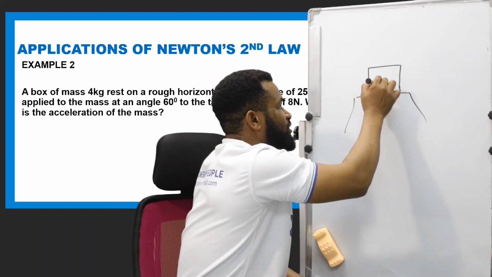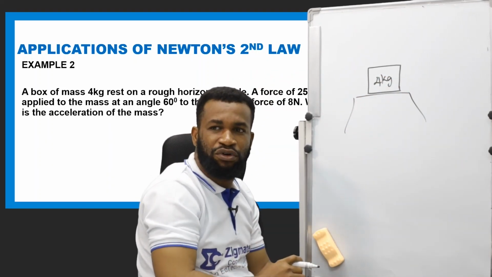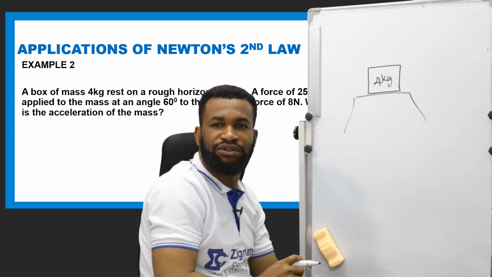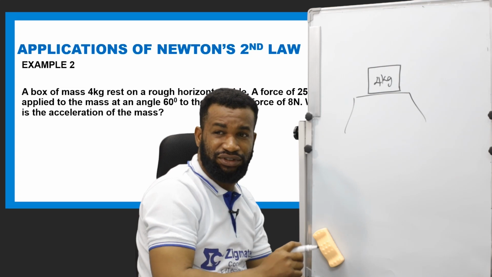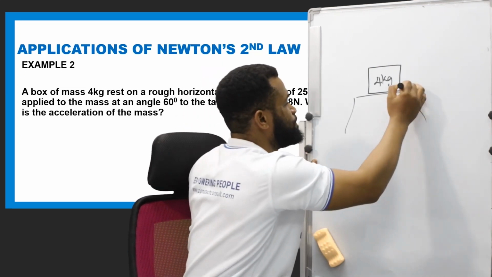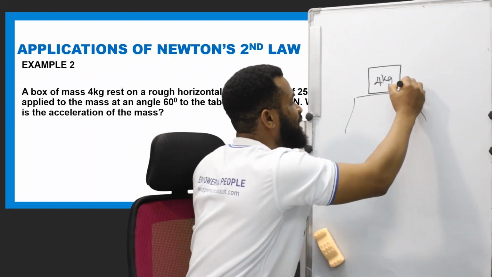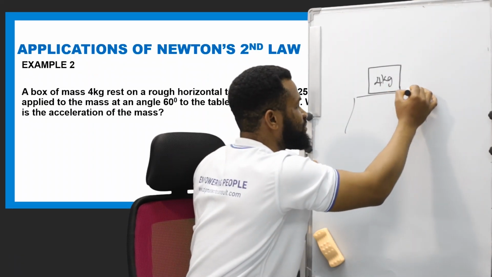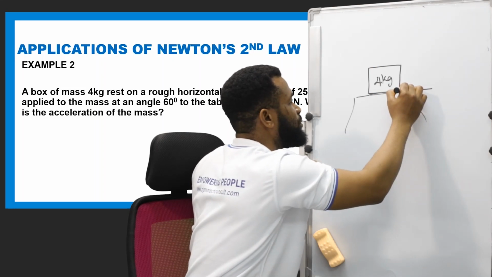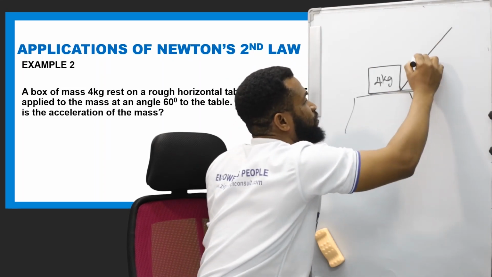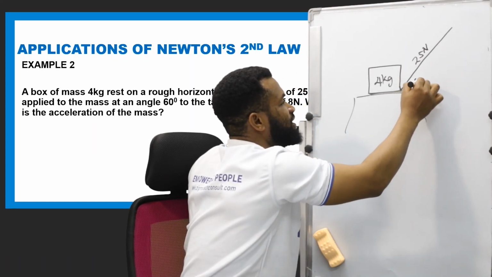The mass of the box is 4 kg, and it rests on a rough table. A force of 25 Newton is applied to the mass at an angle of 60 degrees to the table. That means a force is applied. Let's assume that this is the horizontal level of the table, of course. Then at this point, a force of 25 Newton is applied at an angle of 60 degrees.